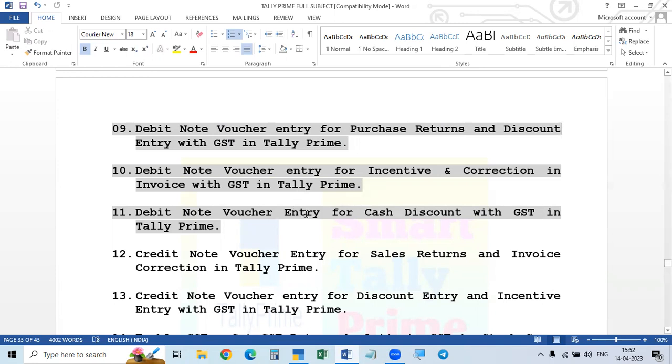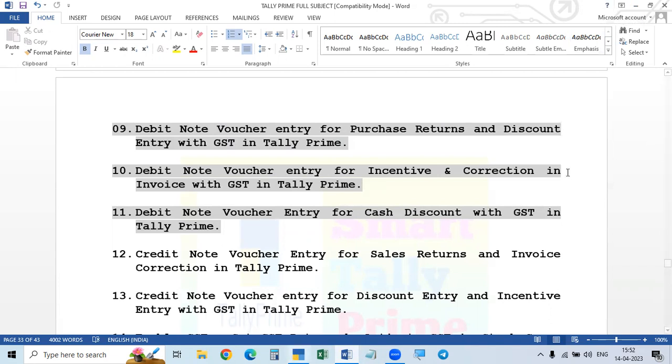If the customer issues a credit note, then the supplier will issue a debit note. So how you will record in the debit note and credit note vouchers, and sometimes in the debit note voucher also, and what are the different circumstances.